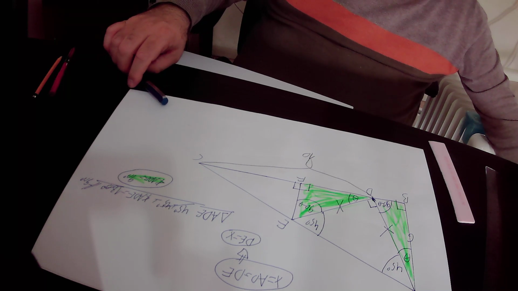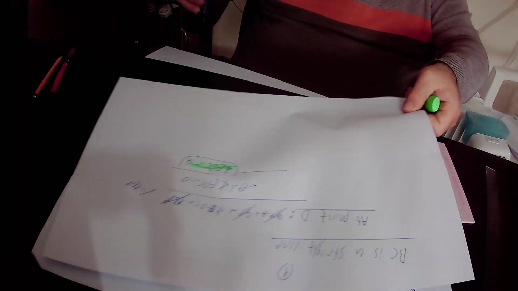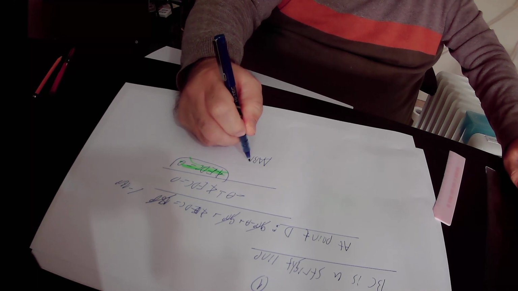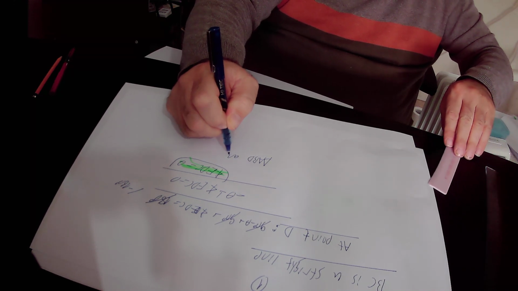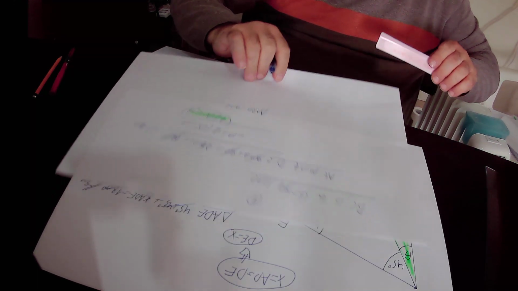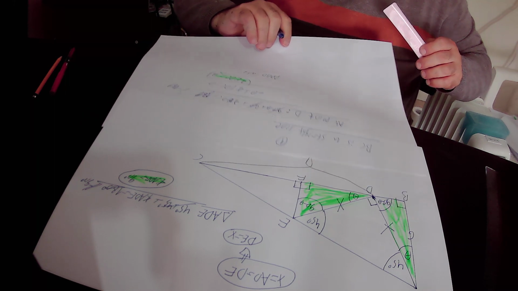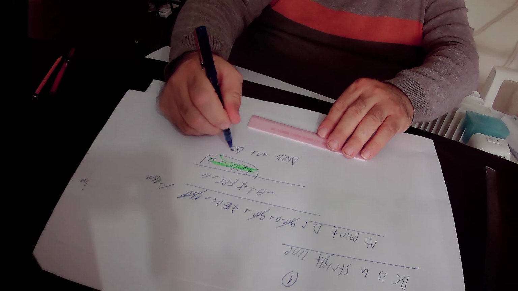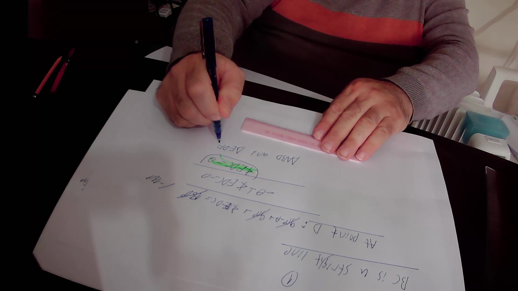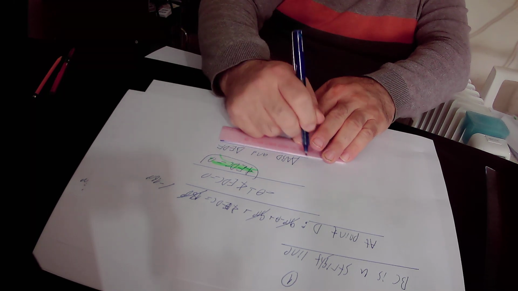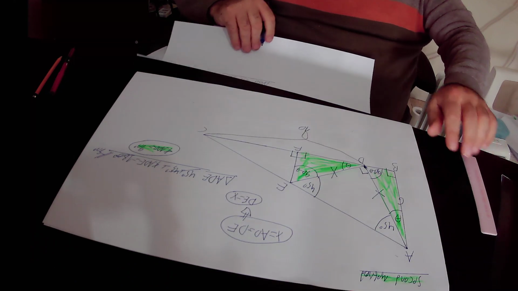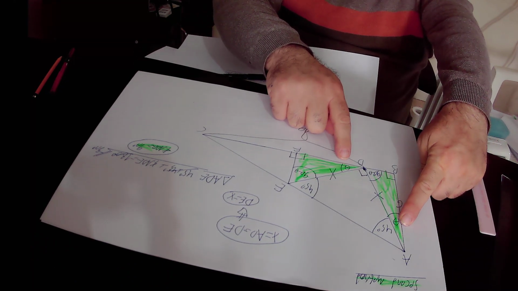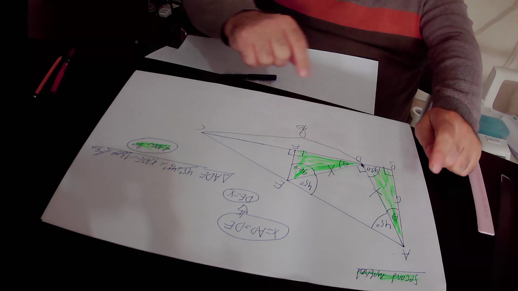So I'll write it down. We'll focus on the right triangle ABD and the right triangle EDF. Why can those two right green triangles go into each other? First of all, those two angles are equal to each other, they are both equal to theta.